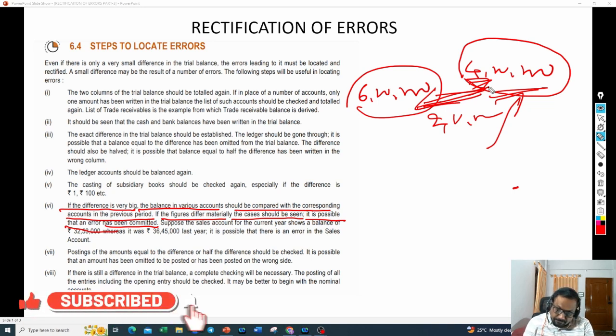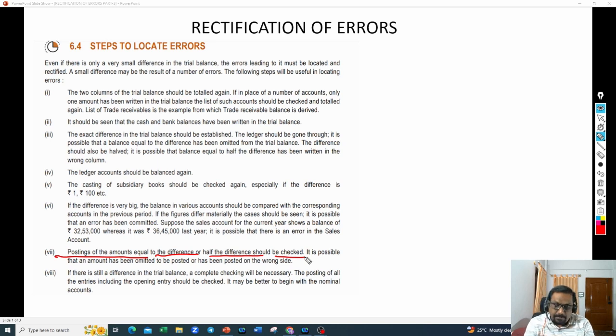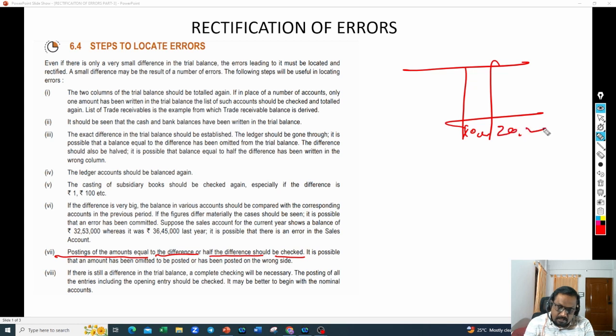Next, posting of amounts equal to the difference or half of the difference should be checked. That's what I said previously. Suppose the difference is 10,000. Between the debit total and credit total, the difference is 10,000.